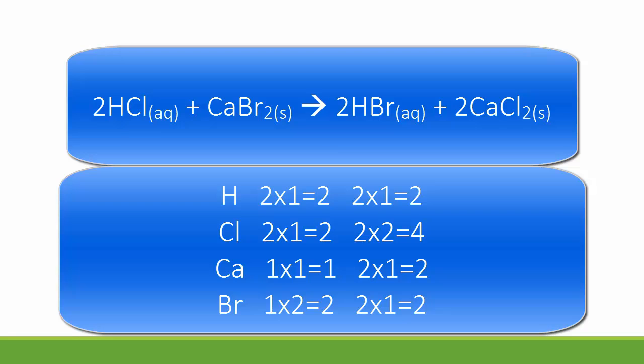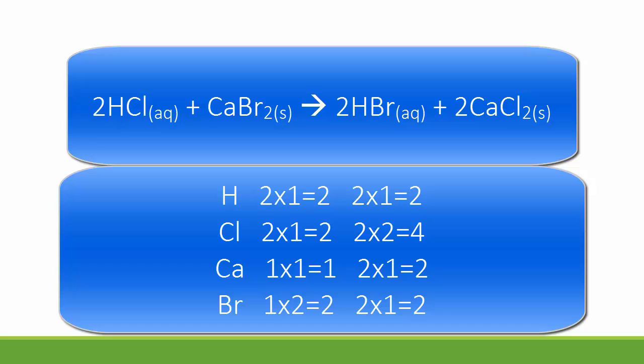How many do I have? How many sets of how many? For chlorine, I have 2 sets of 2, which equals 4.